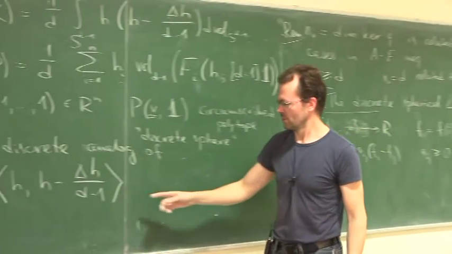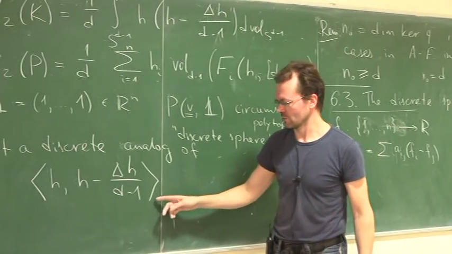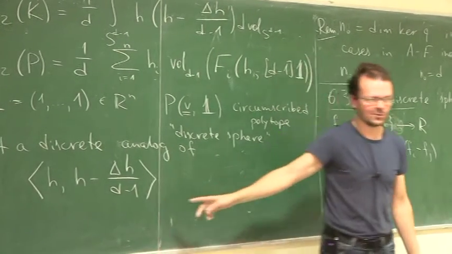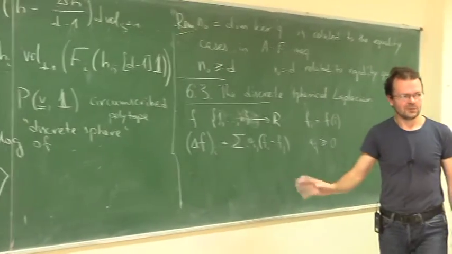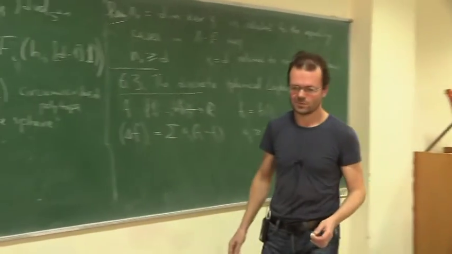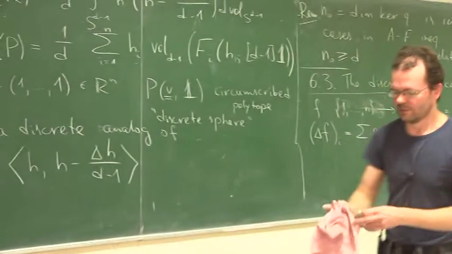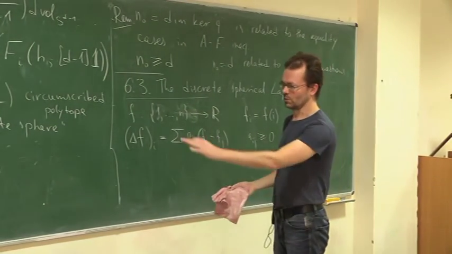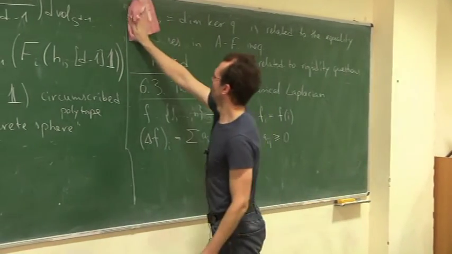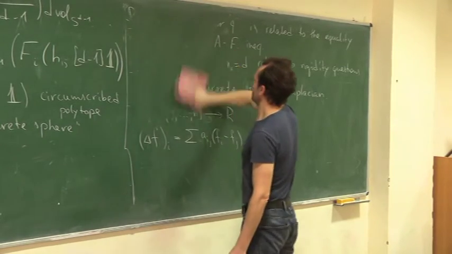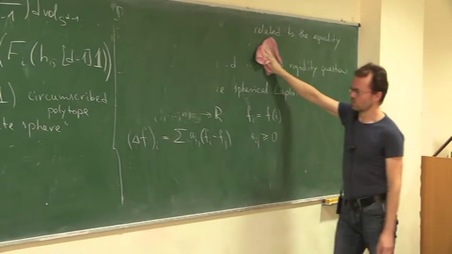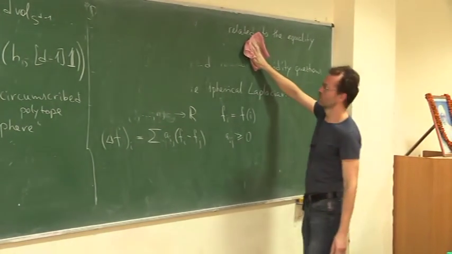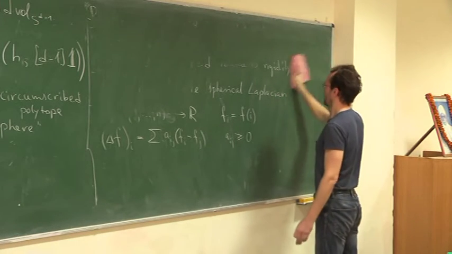The problem is that in this discrete case it's not completely clear how to define the inner product. There are better ways and worse ways, depending on what is better. Anyway, we get this analog, and one can prove a statement about the spectral gap of this discrete Laplacian.